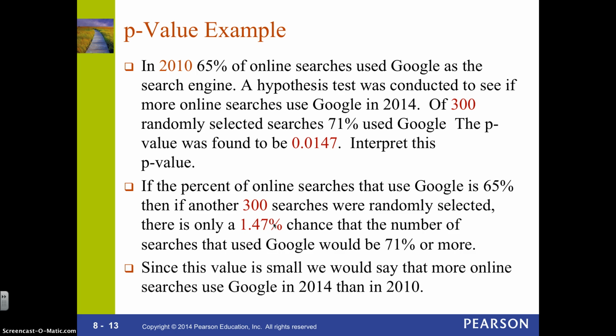Since the p-value is small, the 1.47%, we would say that more online searches used Google in 2014 than in 2010. Because remember, we assumed it was 65%. We asked, what are the chances of getting a sample proportion of 71%? And we decided it was about 1.5%, which is pretty small. So that means it must not be 65%. It must be something else.